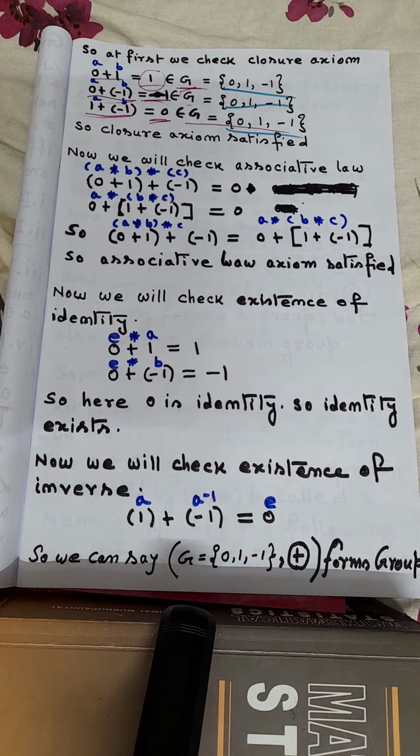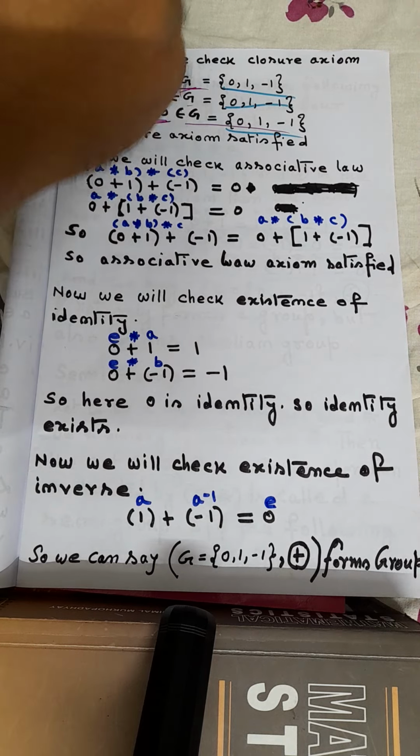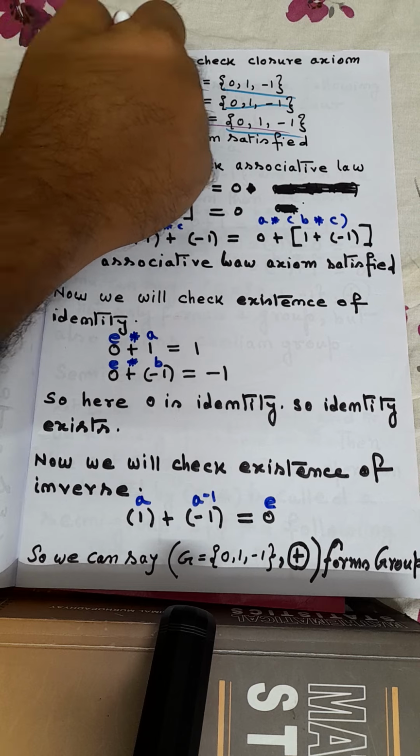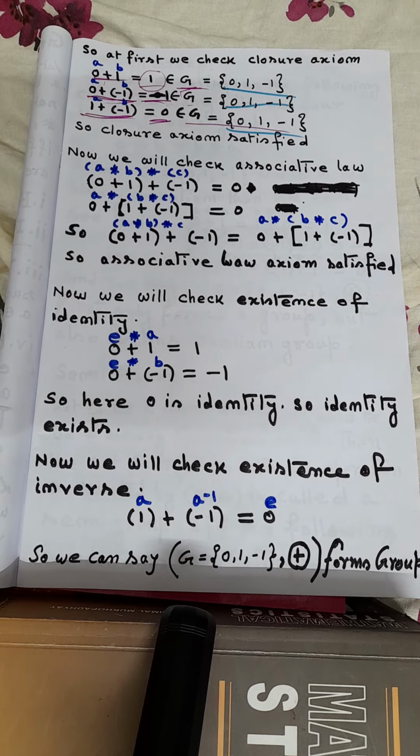So we can say, whatever operation we are doing with the elements, we are considering addition as binary operation. So the operation we are doing, like A plus B, whatever result we are getting, that also belongs to the set G, right?